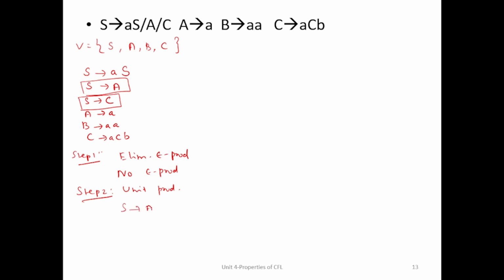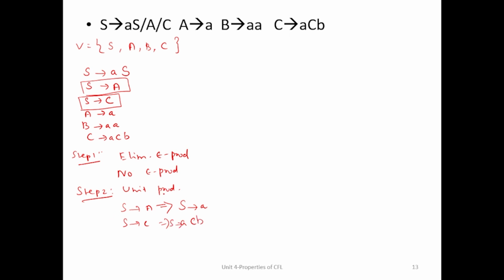Instead of S implies A, you go to the A production. A contains a terminal symbol at the right side, so this production will be changed to S implies a. And for the third one, instead of capital C, if I substitute its production, S implies ACB.